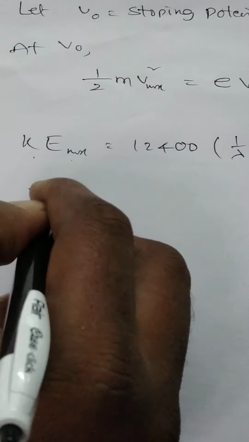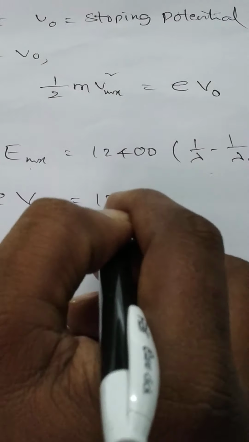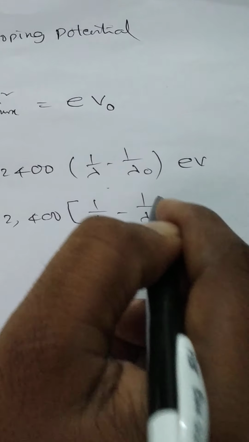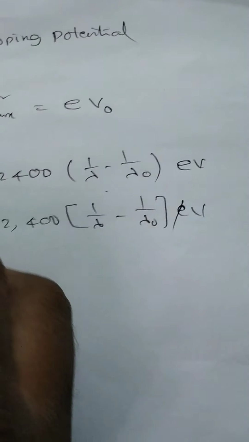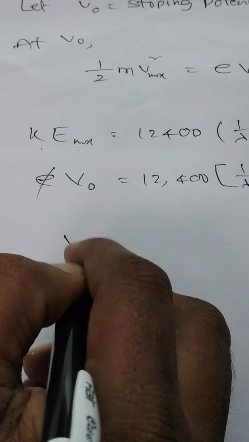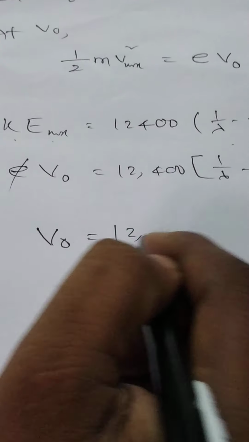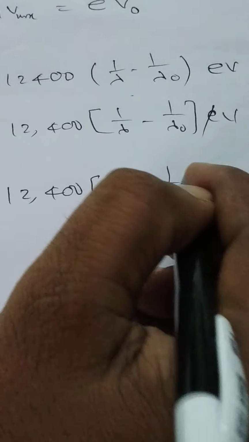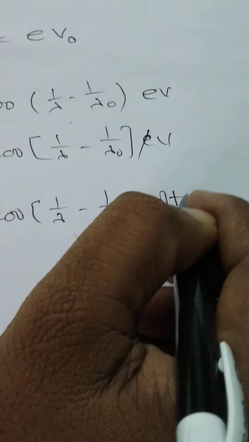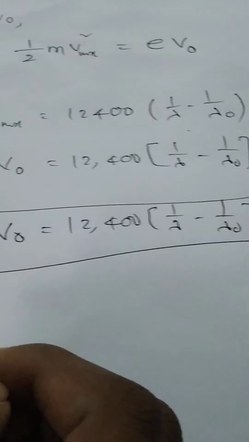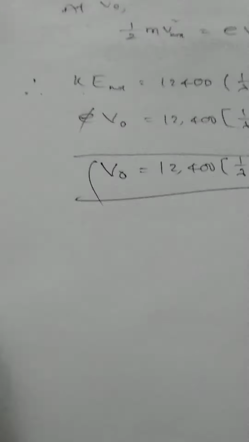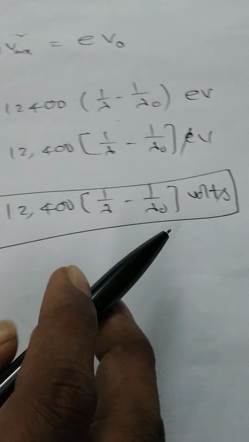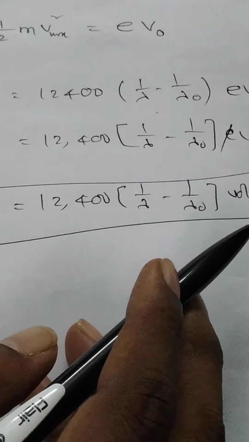But KE maximum is equal to e V naught, so e V naught is equal to 12,400 into 1 by lambda minus 1 by lambda naught eV. On both sides, e cancels out. The expression for the stopping potential V naught is 12,400 into 1 by lambda minus 1 by lambda naught volts. So this is the formula for stopping potential.